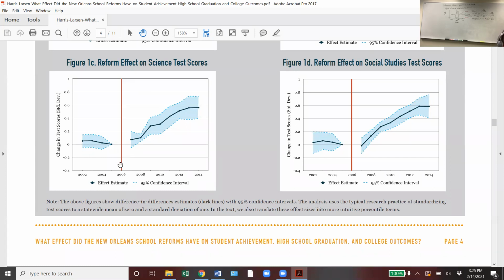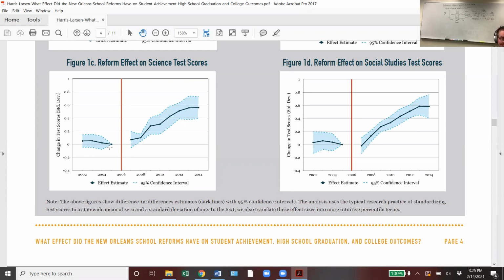And the other thing that they do, and we won't really talk about this very much, is that for every child in New Orleans in this baseline year, 2005, they match them on the basis of test scores, right?